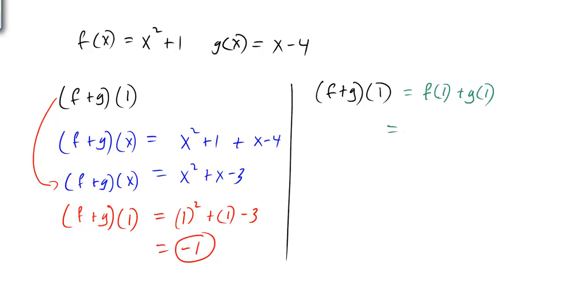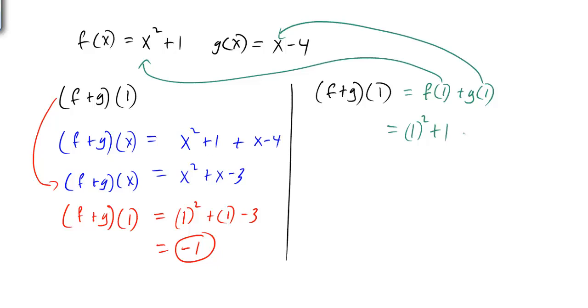So we could certainly just plug the 1 in here, and we would end up with 1 squared plus 1, and do the same thing for g of 1, plug the 1 in for the x here, and we would get plus 1 minus 4, and we would have 1 plus 1 is 2, plus 1 is 3, 3 minus 4 equals negative 1, and you'll notice we end up with the same answer.